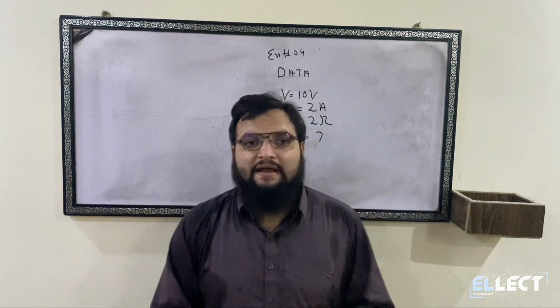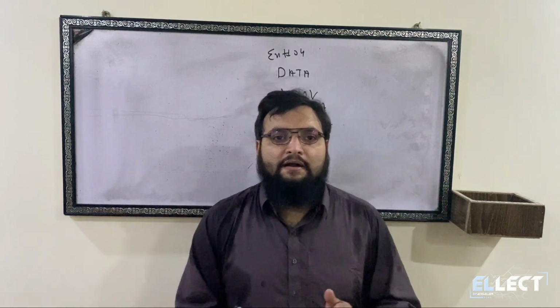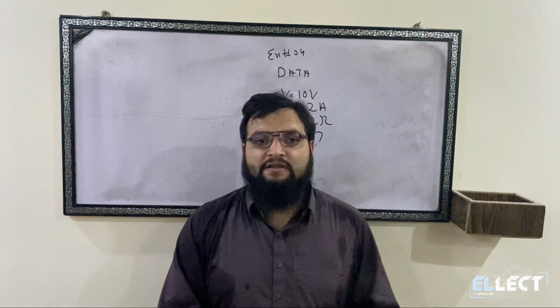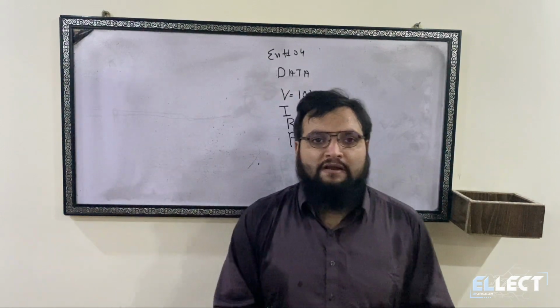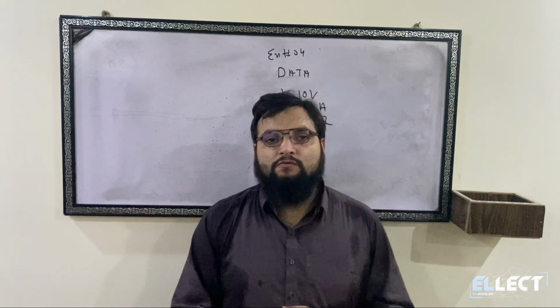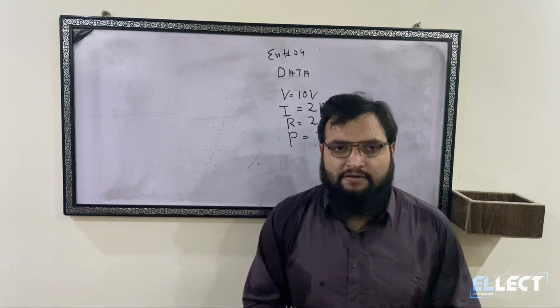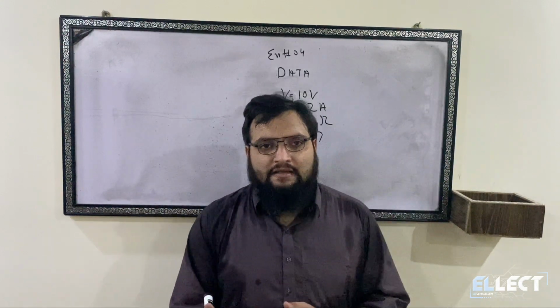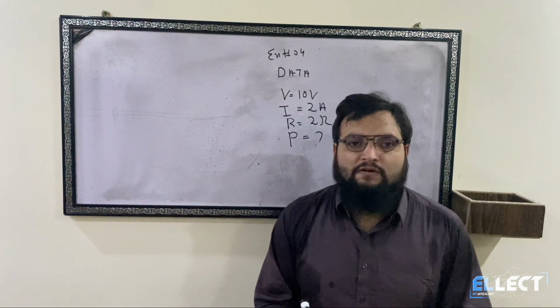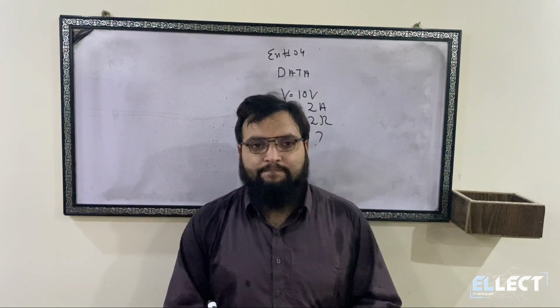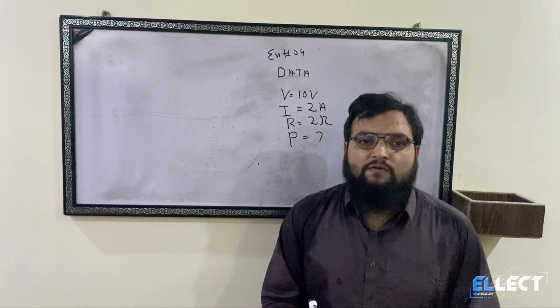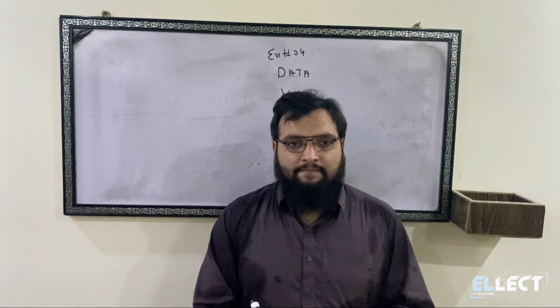So we can find the power according to 3 formulas. Number 1, P is equal to the product of voltage and current. P is equal to V square upon R. P is equal to I square R.